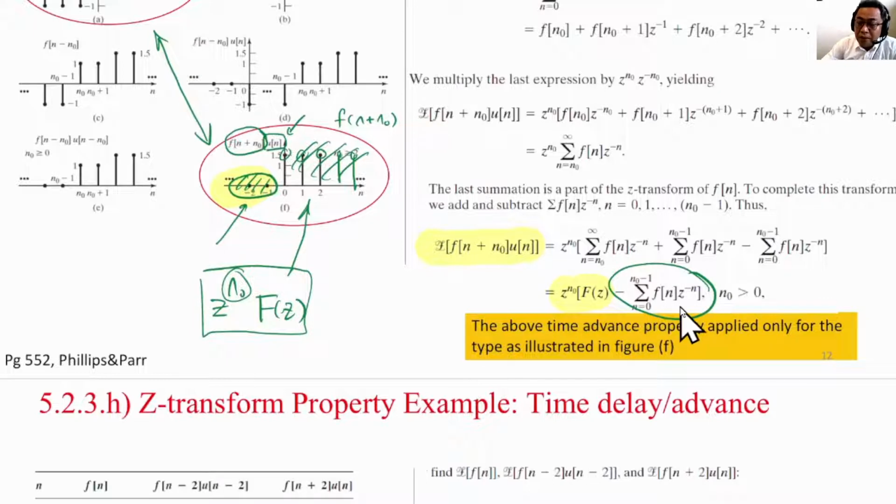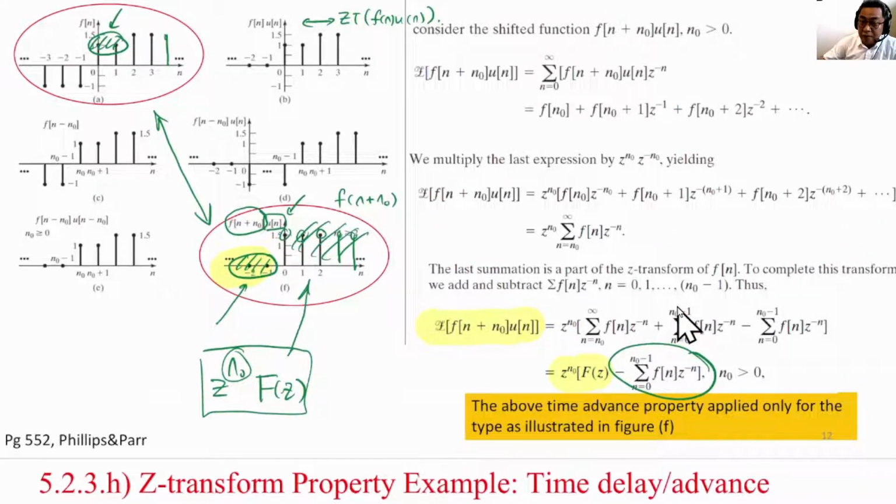This expression here is to remove the F(z) representation from the original causal part, which has now been moved to the anti-causal part. We have to remove them because we have multiplied the signal by u[n]. It's gone. It should not be in the new expression for the Z transform.